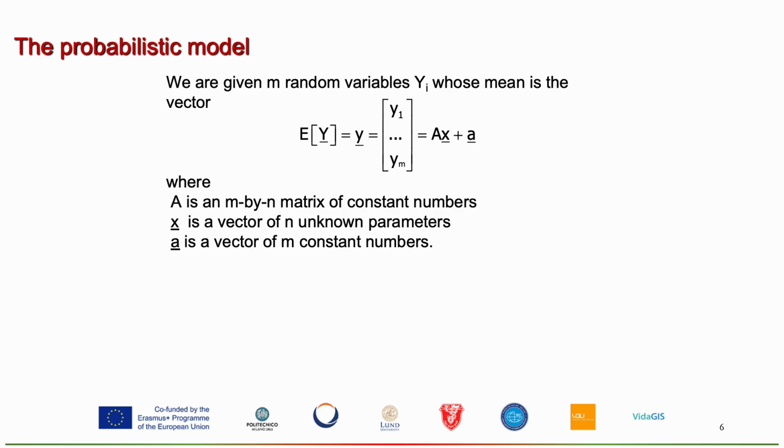Normally it is named the design matrix. The vector a is a vector of m values that are assigned, so constant and known. It is also typically called the known term.